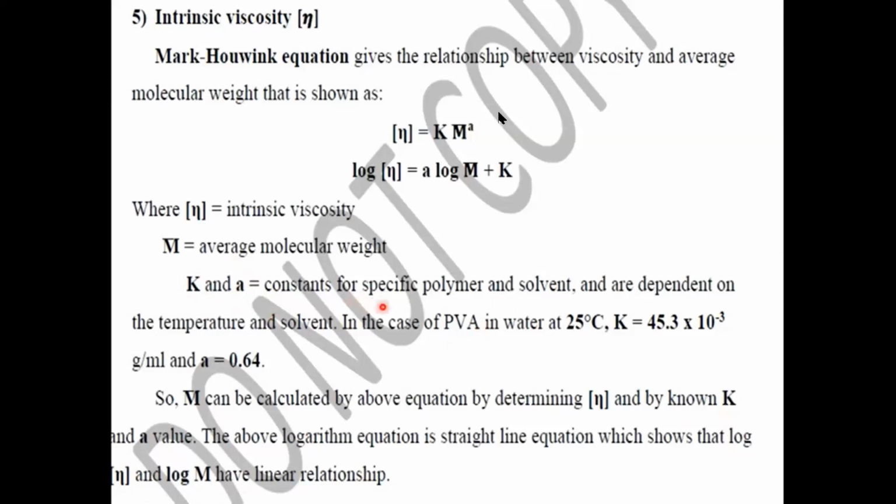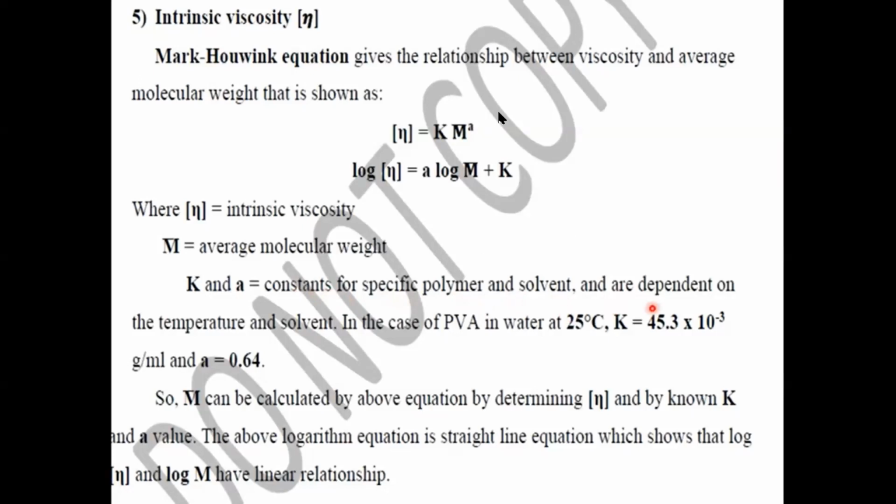Also, we said for specific polymer and solvent. For example, if we use toluene as a solvent, I have a and K constants for this solvent. But when I change to another type, for example, benzene, I need other values for the K and a constants. That means a and K constants are for a specific polymer and solvent.